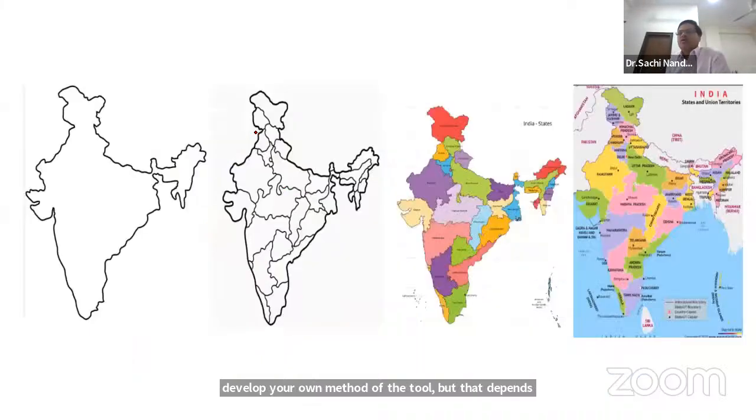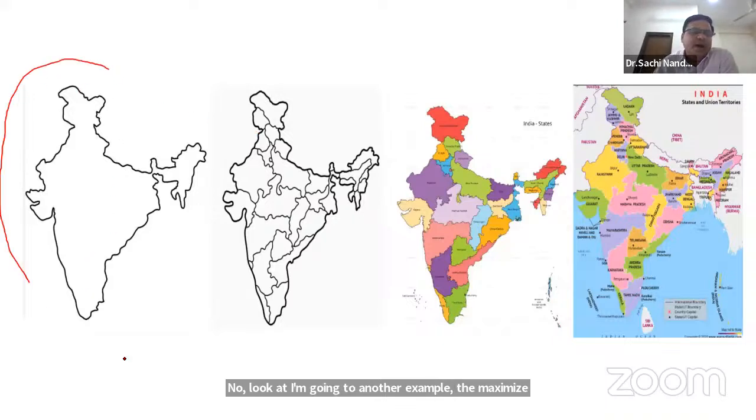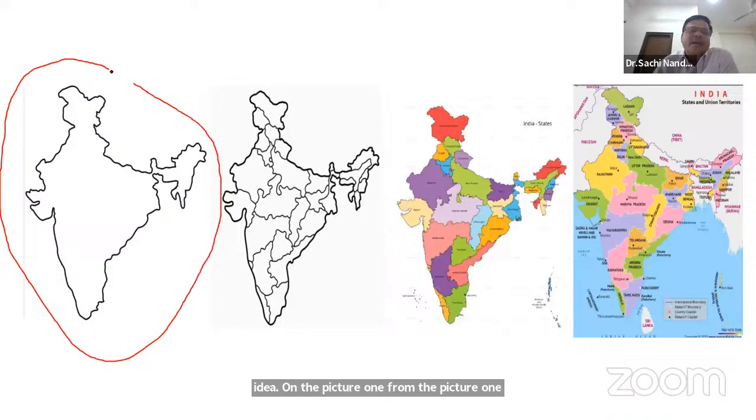Now look at another example of the maximize idea. In picture one, you see the map of India. This map gives no information; it's just a skeleton map of India.